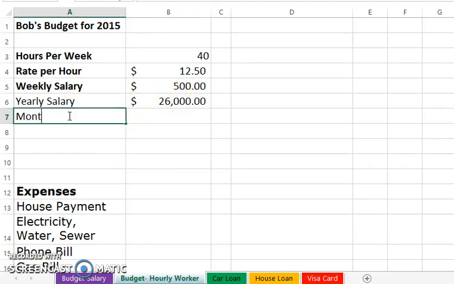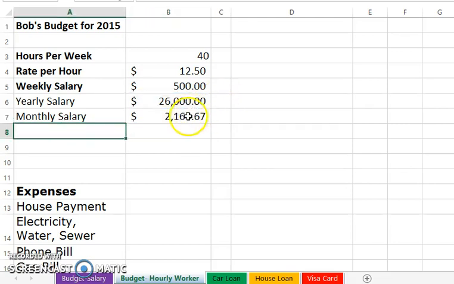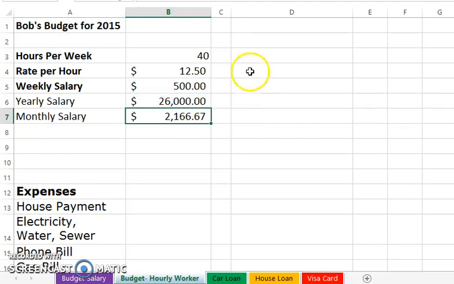So now what is his monthly salary? It's going to be your 26,000 divided by 12. And there's the monthly salary. Now this is what he would get per month without deduction.